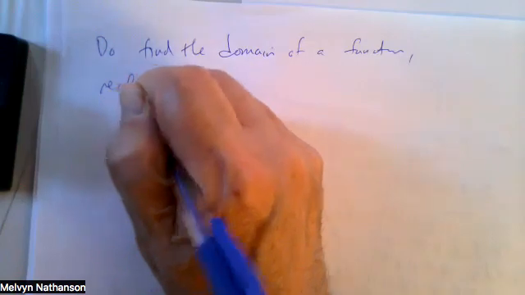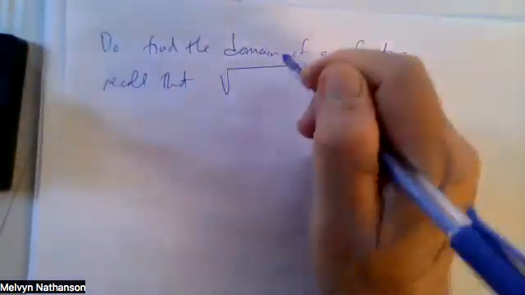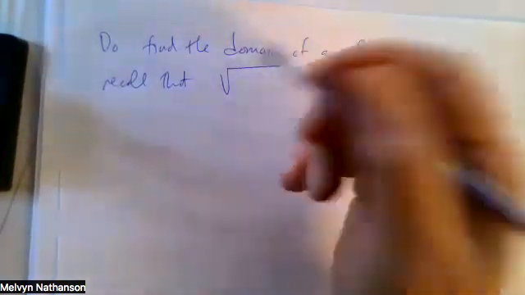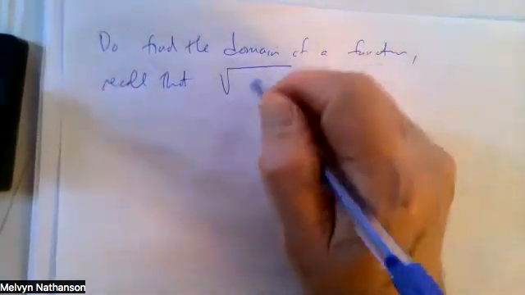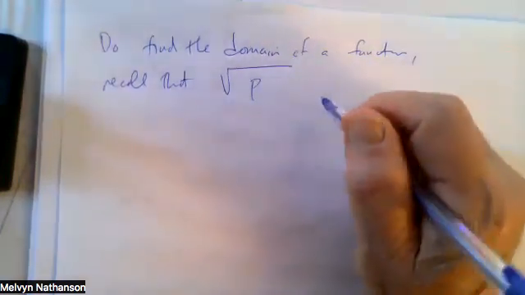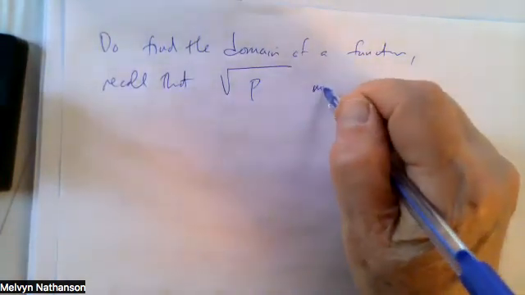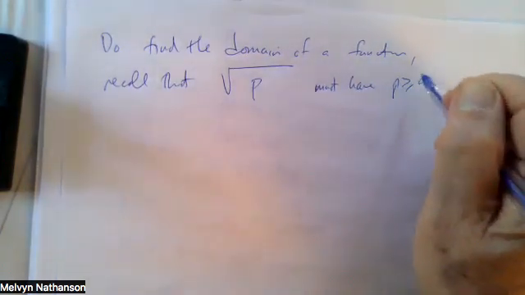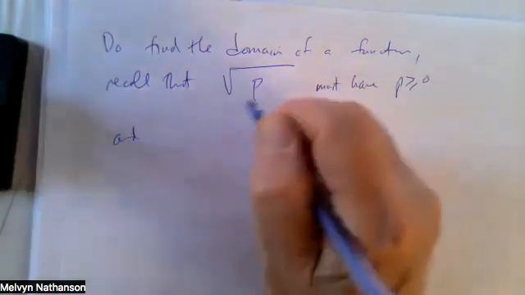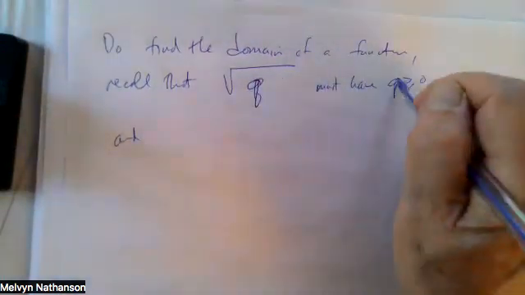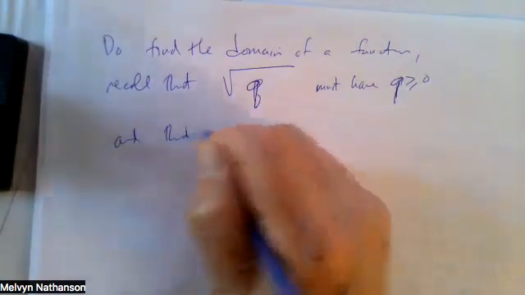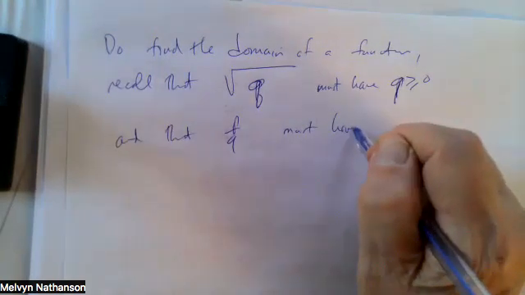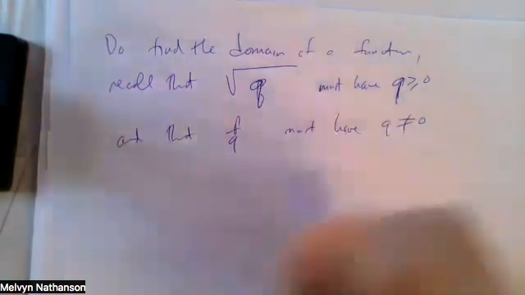recall that the square root of p only makes sense when p is greater than or equal to 0, and when you have p over q, you must have the denominator not equal to 0.